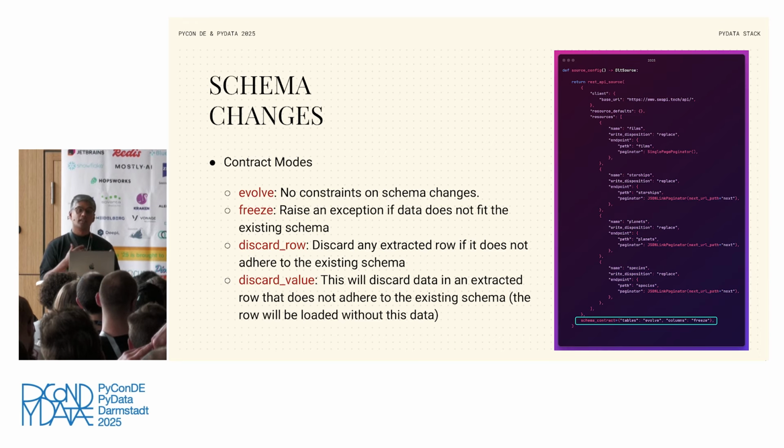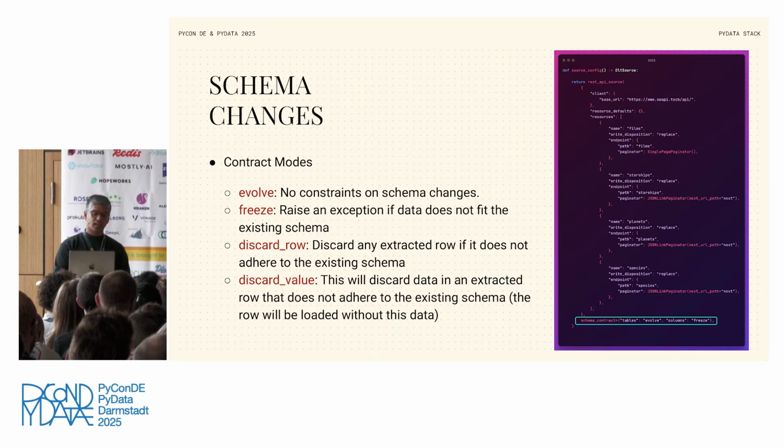Evolve just means that the schema of the tables that receive the data is always changing. So if a change happens at the API level, that's mirrored in your data store. Freeze means that an exception is raised as soon as a change is detected, while discard rows and discard values mean any changes to what already exists in the data store are discarded in some way.